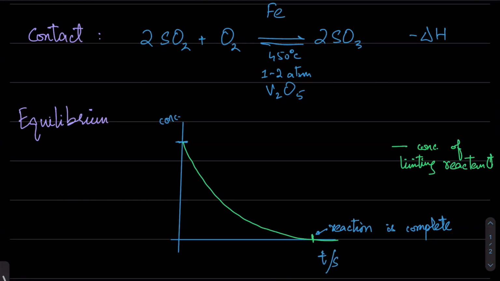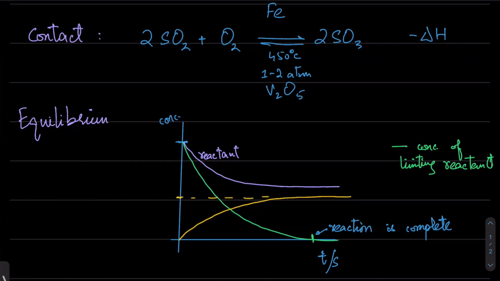Here's what happens. In a reversible reaction, this state never comes. In a reversible reaction, the reactant starts to decrease, sure, it gets used up, and eventually it reaches a constant stage. It does not go down to zero. So this is a reactant. And not just that, the product starts from zero, and it also reaches a fixed value.